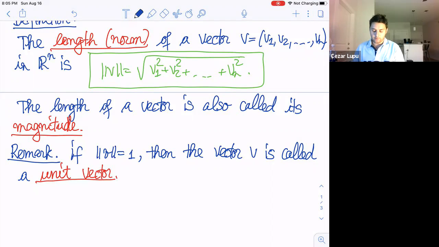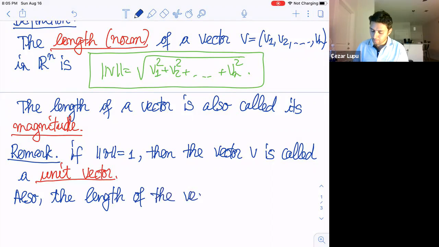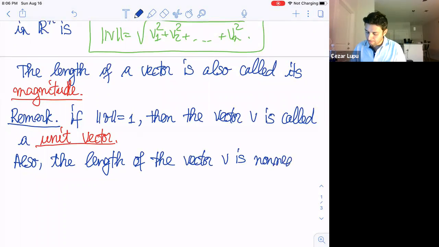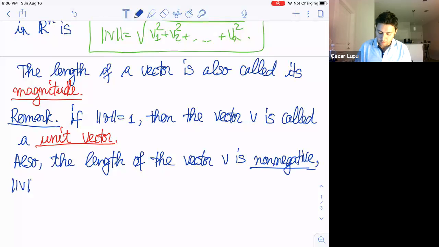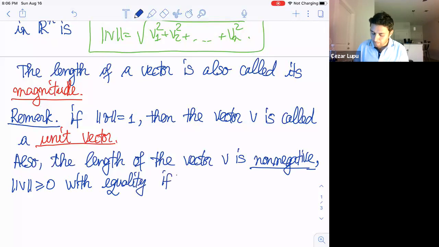In other words, the norm or the length of v will always be non-negative, with equality if and only if v is the zero vector.